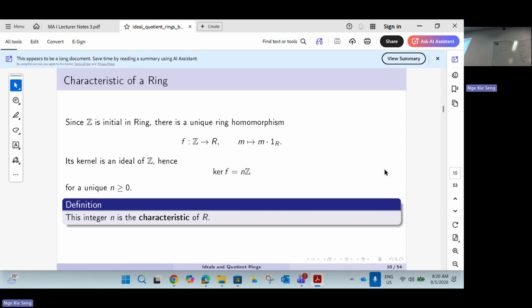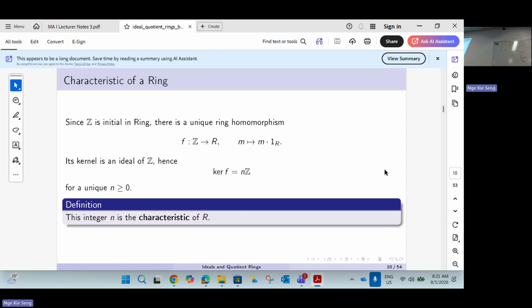For the characteristic of a ring, since Z is an initial object in the category of rings, we have a unique ring homomorphism from Z to R. We define m sent to m times 1, which means we add the identity 1, m times.